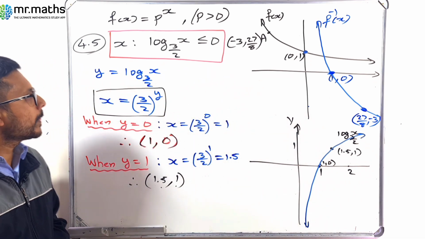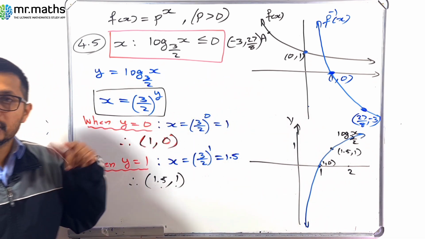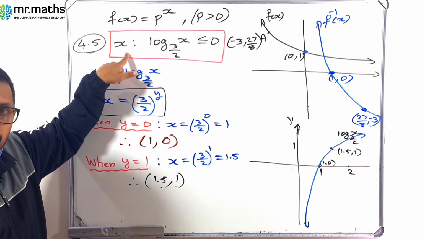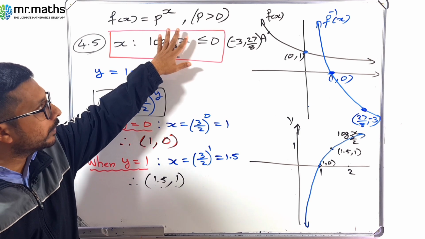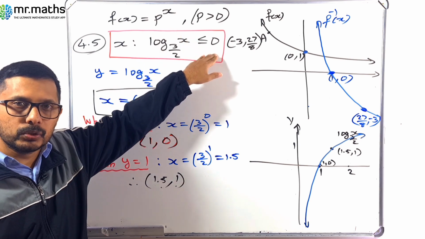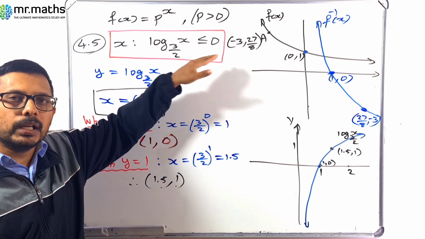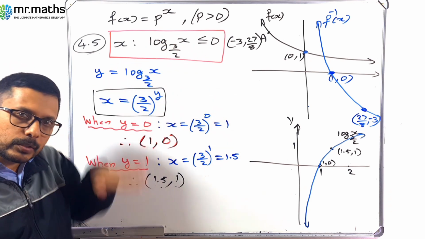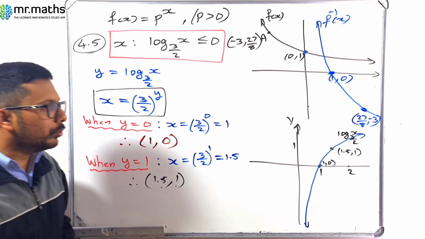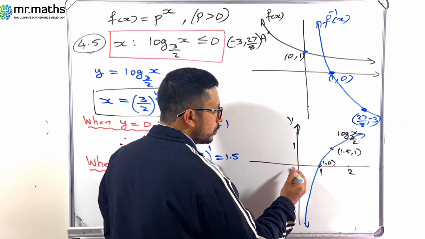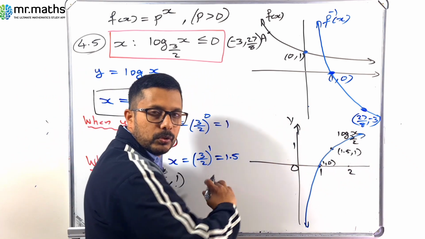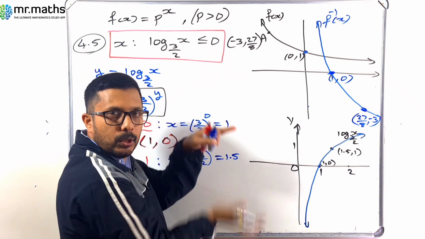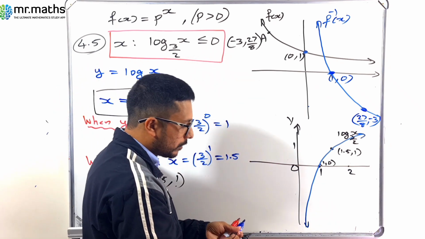You understand? Now what is our question? Don't forget our question. You have to find the values of x where that graph is less than or equal to 0. A graph being less than 0 means it is below the x-axis. So you have to find the x values where the graph is less than or equal to 0, below the x-axis.